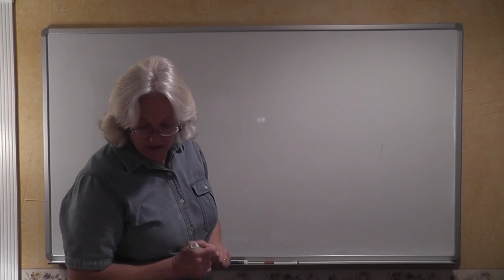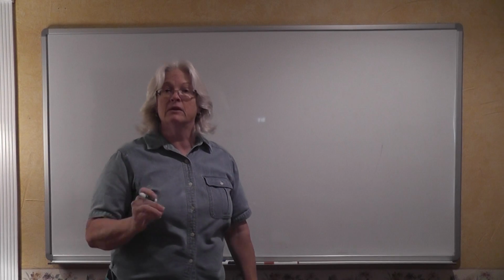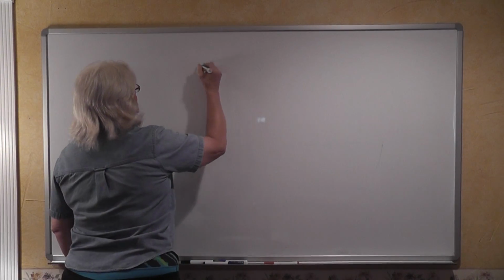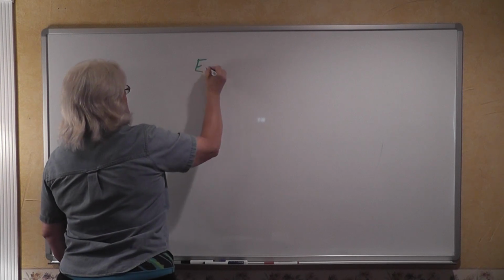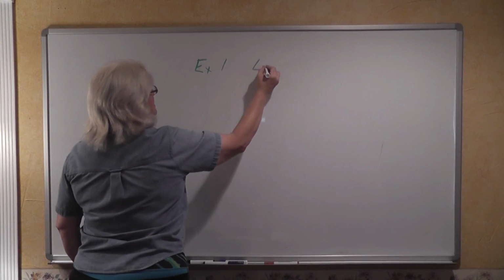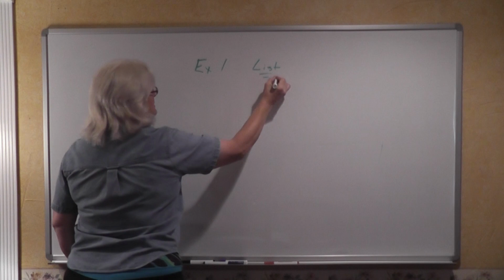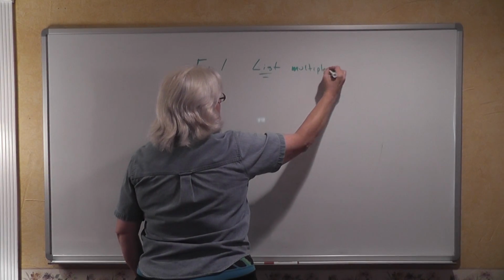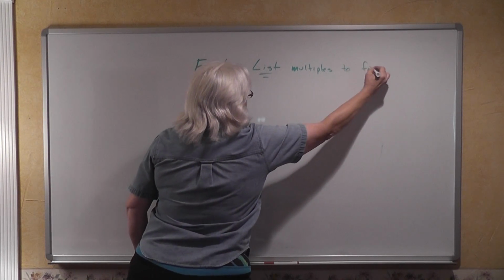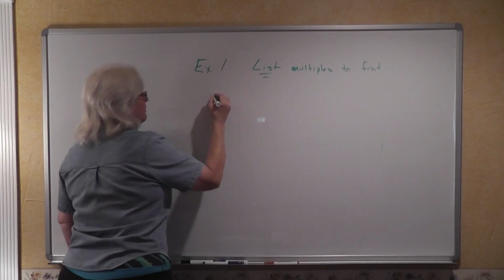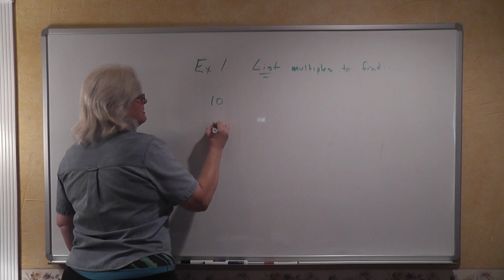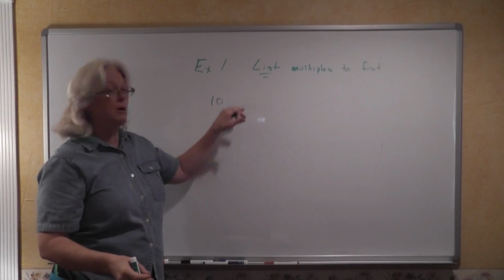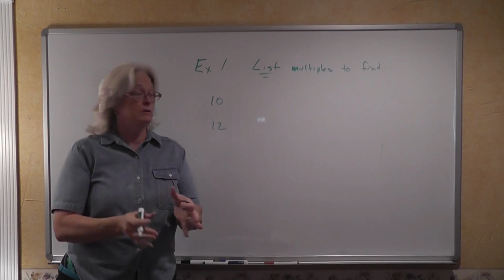Example 1 says, list multiples to find the LCM. They want multiples of 10 and multiples of 12. We want to find the least common multiple of these two numbers.